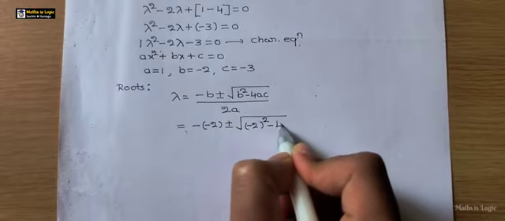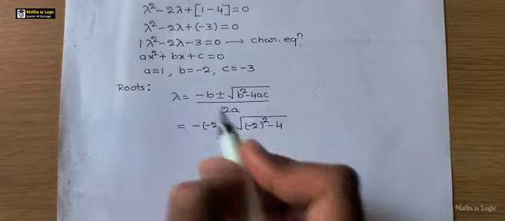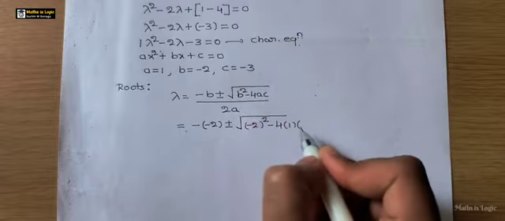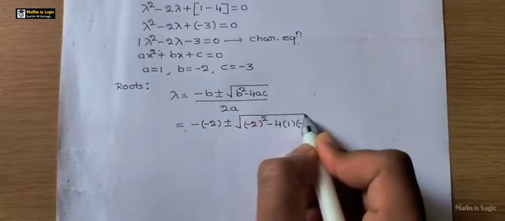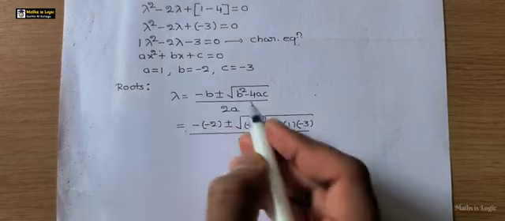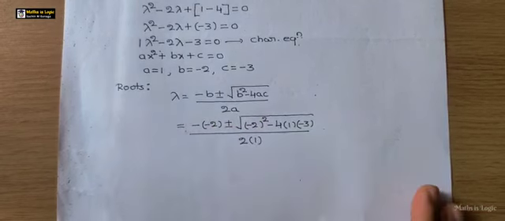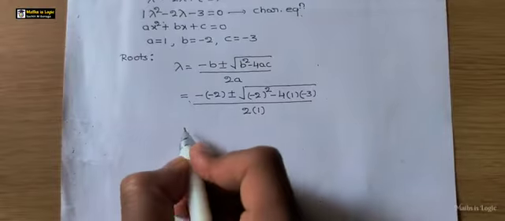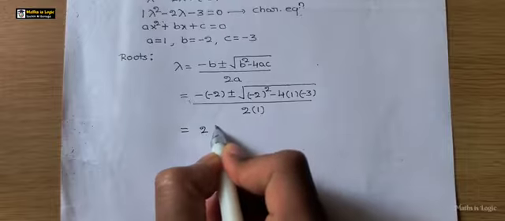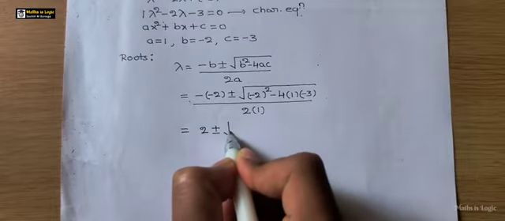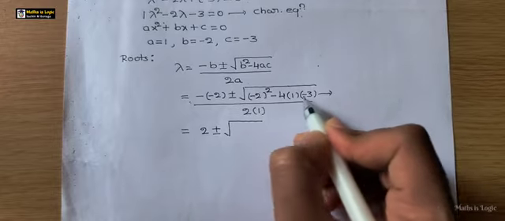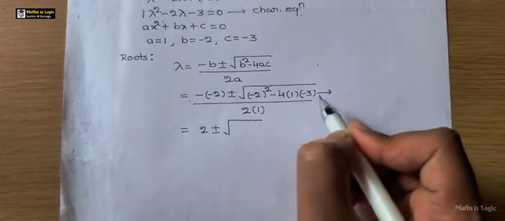minus 4 a, what is that a? 1 into c, what is that c? Minus 3 divided by 2 into a. A means 1, so it is 2 into 1. So now, which is equals to, minus into minus is plus, 2 as it is, plus or minus, keep that square root as it is. Next this inside value, for this inside value directly use the calculator.